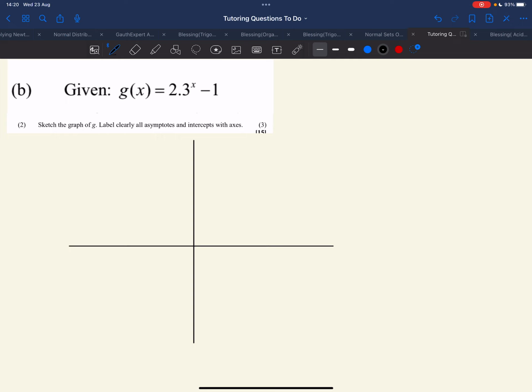right? Then we're going to mark points there, there, and there.